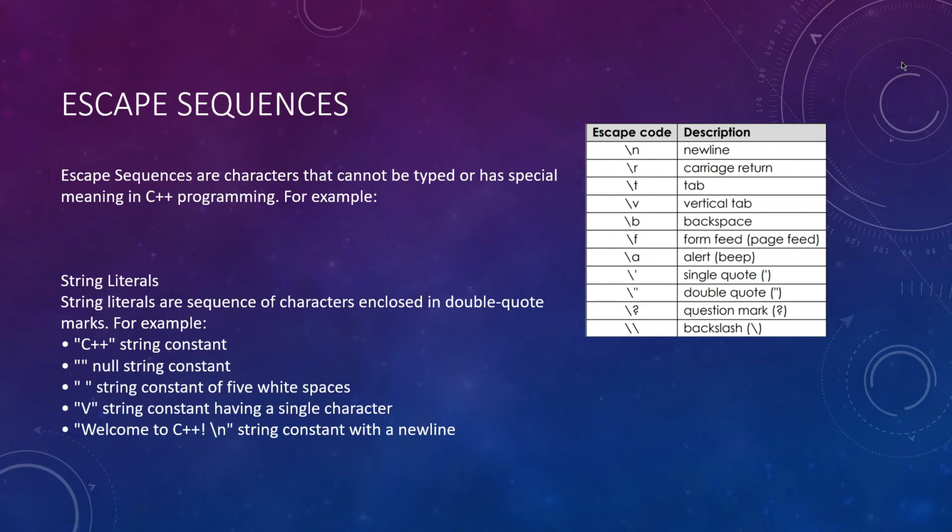String literals. String literals are sequences of characters enclosed in double quote marks. For example, double quote marks C++ and then close it with another double quote mark, and so on.